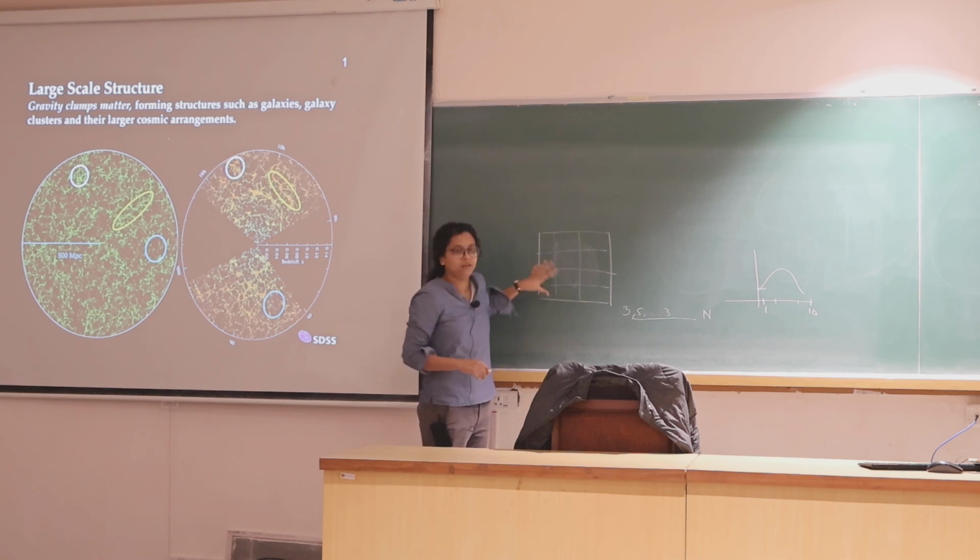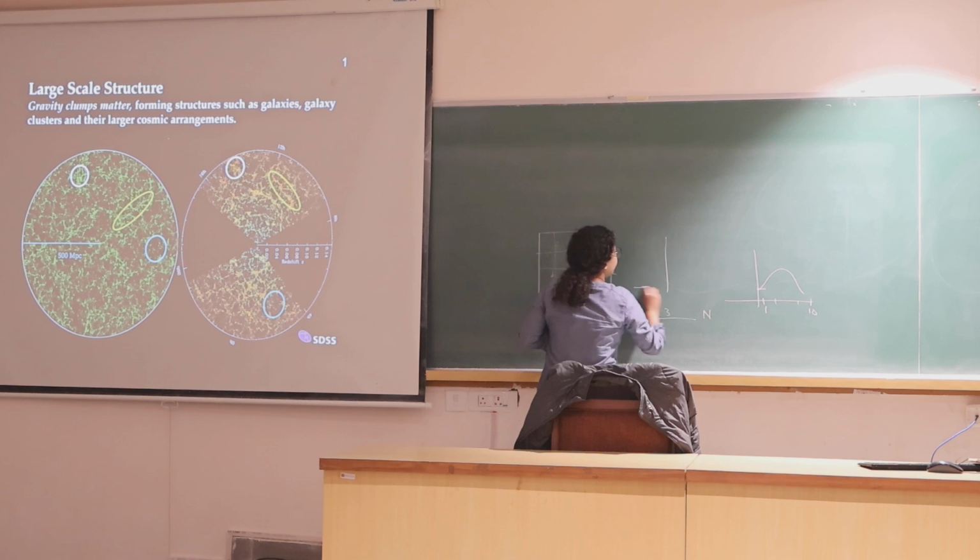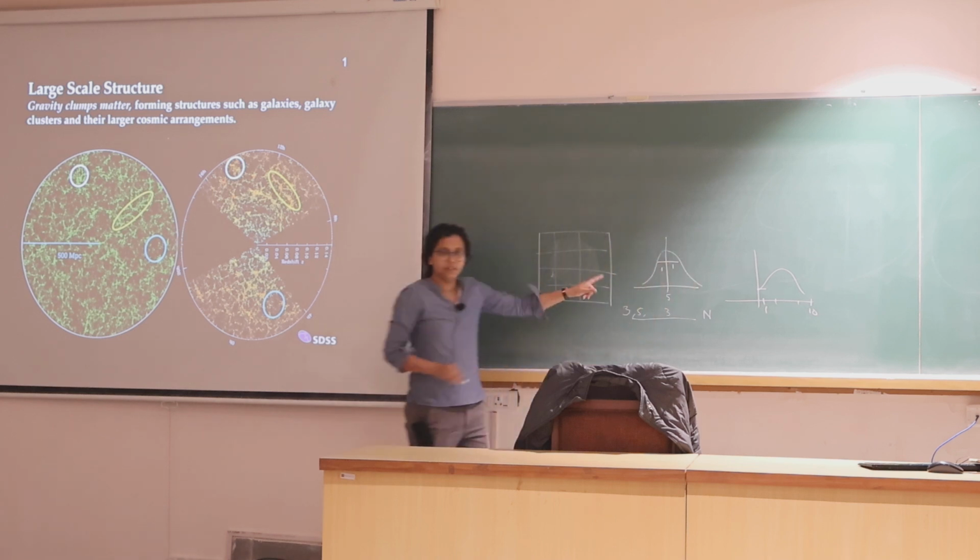If it is a random distribution based on a Gaussian distribution whose mean is 5 and variance is 1, that Gaussian distribution will peak around 5. The sigma will be 1 and you will form this kind of distribution.